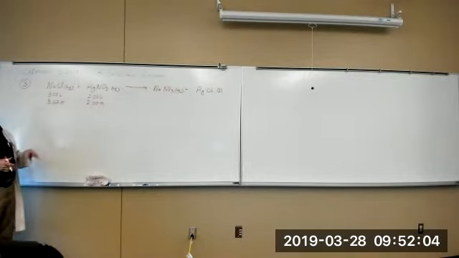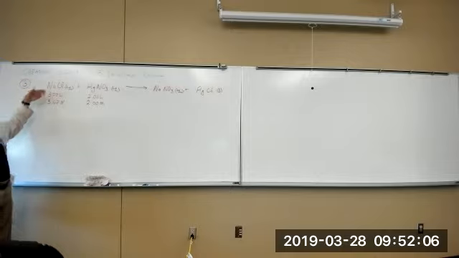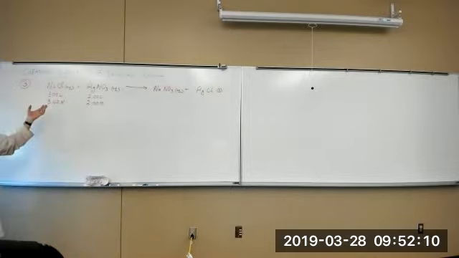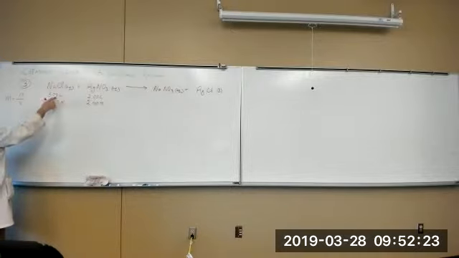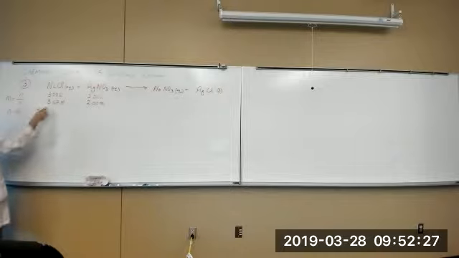Just like we did when we were given mass, convert to moles. But in this, we have solutions. Do the same thing, convert them to moles. Can't go anywhere in this equation without moles. So we know that based on this relationship, if we want to know moles, we just need molarity times volume.